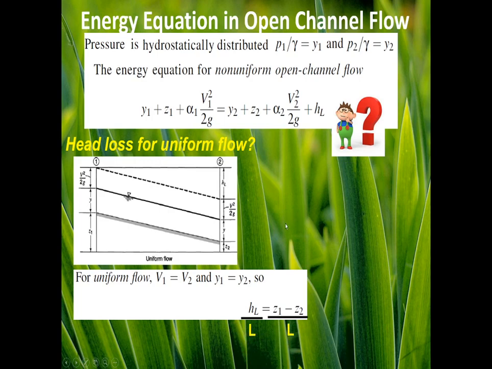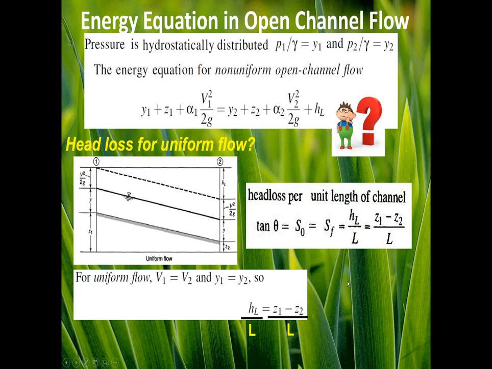Now I'm going to divide both sides by the length of the control volume, from here to here, L. This gives you the head losses per unit length of the channel. So we can say that HL over L, which is the head loss per unit length of channel, equals Z1 minus Z2 over L.